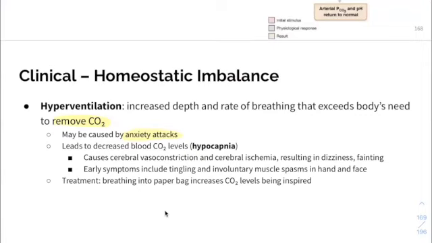Can cause cerebral vasoconstriction, which means those blood vessels in the brain are getting smaller. Cerebral ischemia. You can get really dizzy and faint. Could get tingling, involuntary muscle spasms.